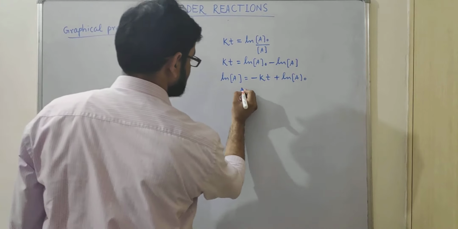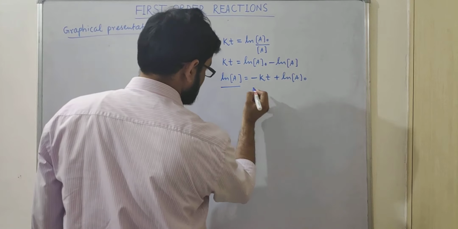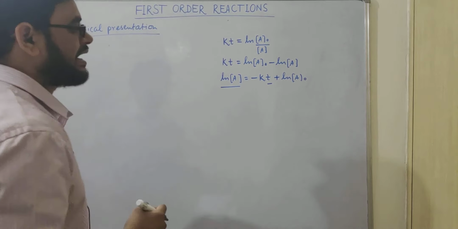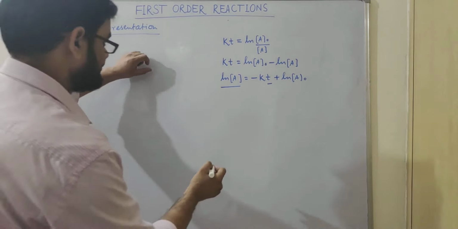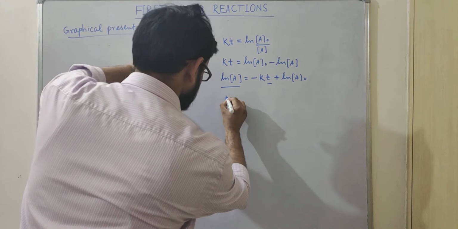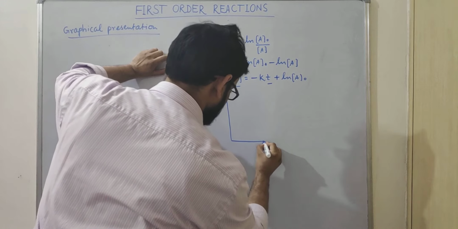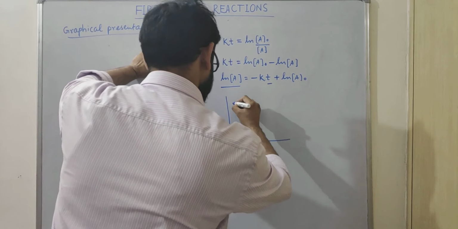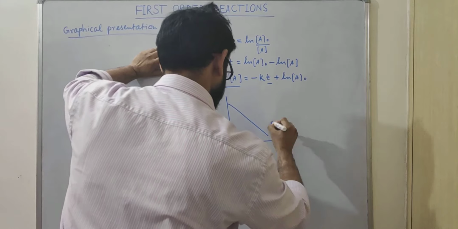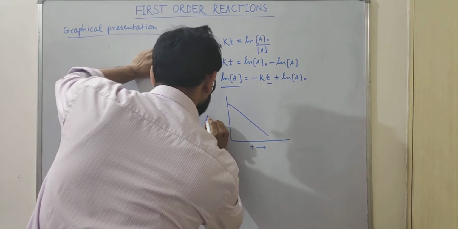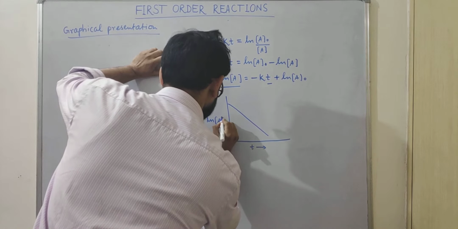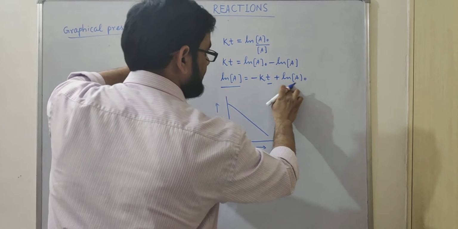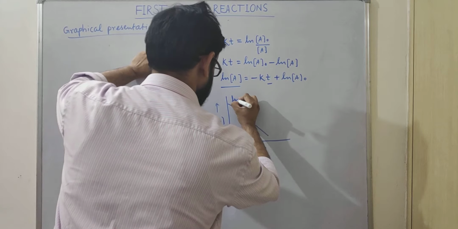So if we plot ln A against different time interval, we will get a straight line with negative slope, where intercept will be equal to ln A0.